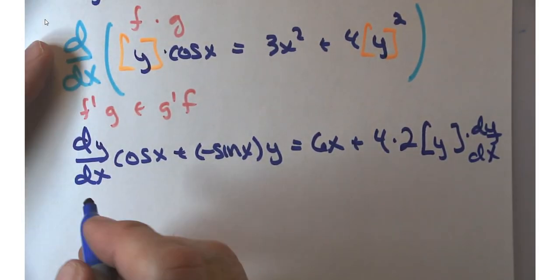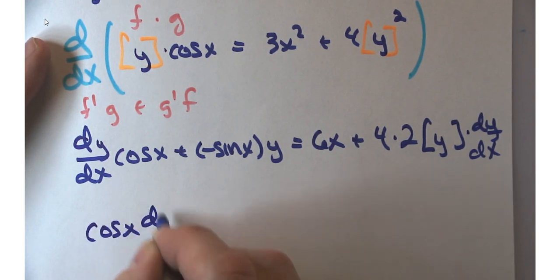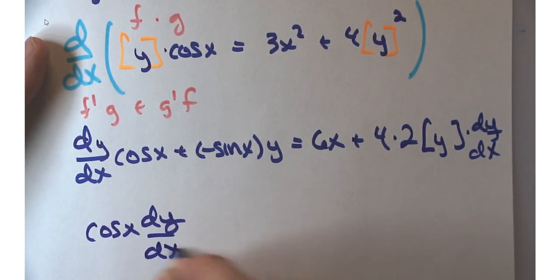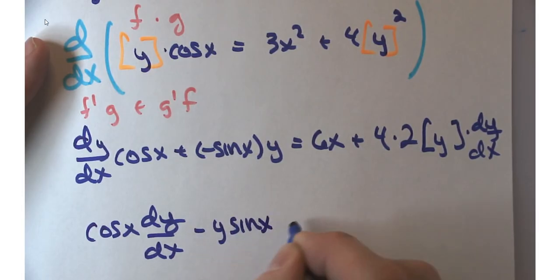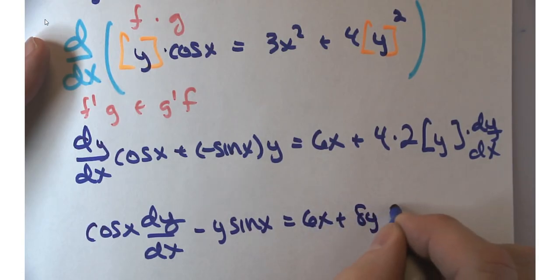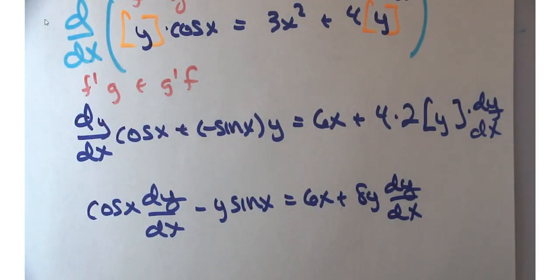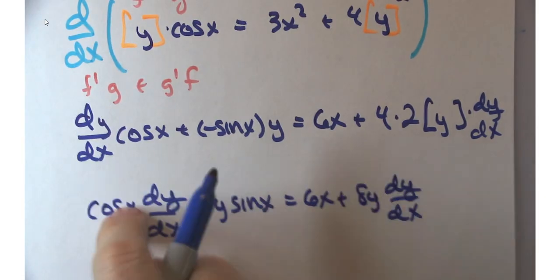So let me clean this up a little bit. That's going to be cosine of x dy by dx minus y times sine of x equals 6x plus 8y dy by dx. You've got dy by dx on both sides. You have to decide what side you want to put your dy by dx's on. The left-hand side or the right-hand side.